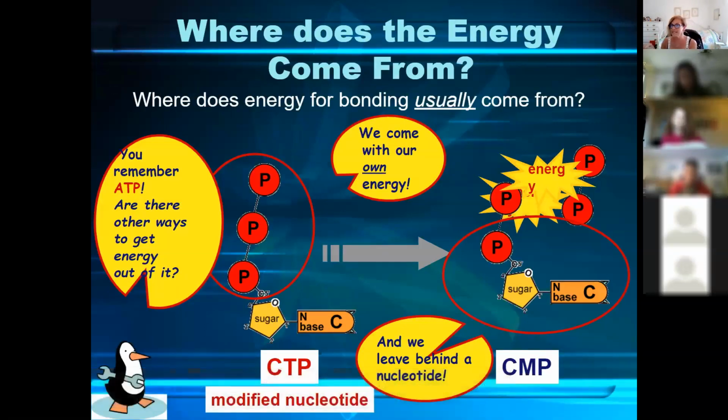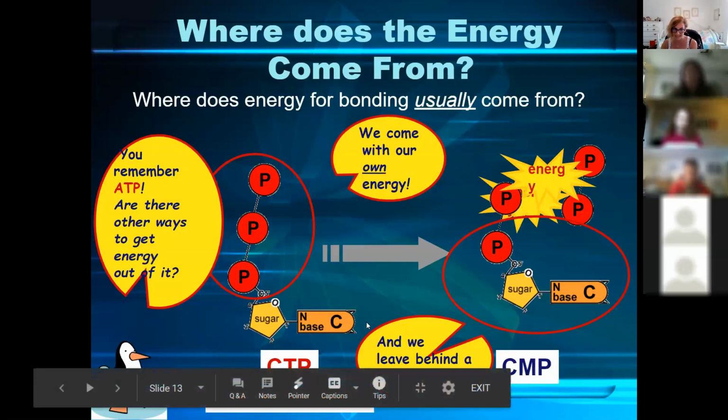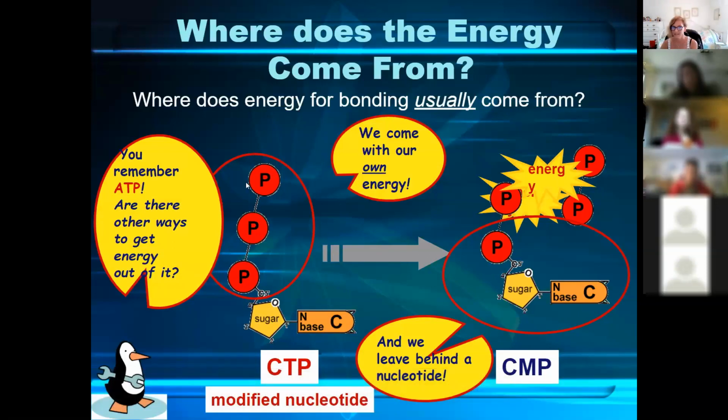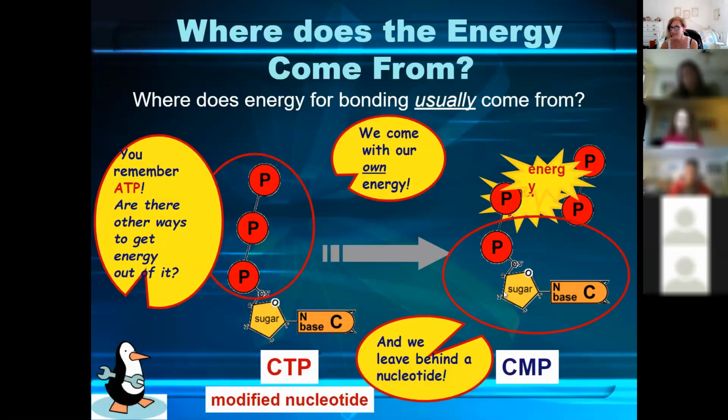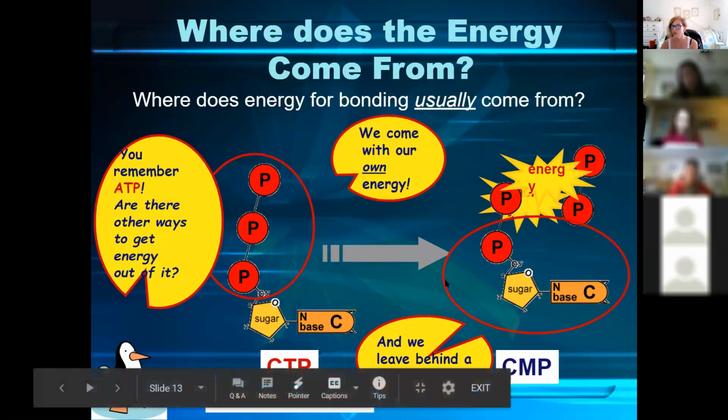So we've heard of ATP, adenine triphosphate, right? Each of your nucleotides has its own triphosphate form. So each reaction is actually powering its own reaction. So when you add a cytosine, it has a cytosine triphosphate. When it bonds, it breaks its own phosphates off to release the cytosine nucleotide.